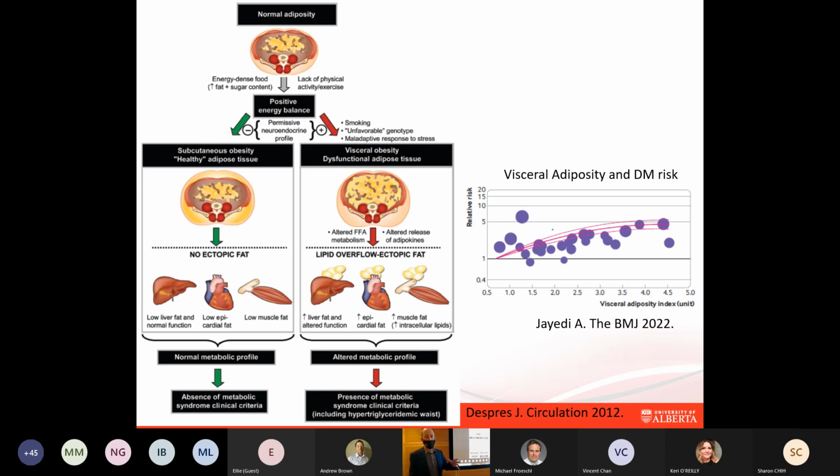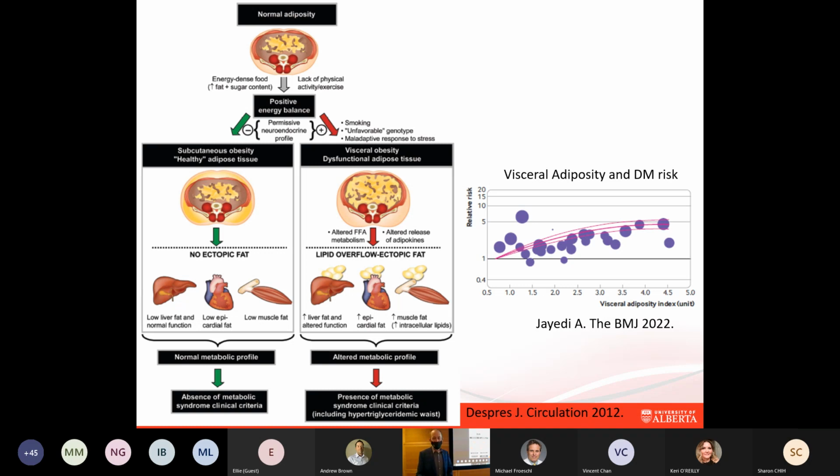And under some conditions like smoking or cancer treatment, that can lead to ectopic fat accumulation, and that in turn puts people at higher risk for developing metabolic syndrome or diabetes down the road. And that's what this figure on the right is showing, that if you have accumulation of visceral fat, it increases your risk for developing diabetes.